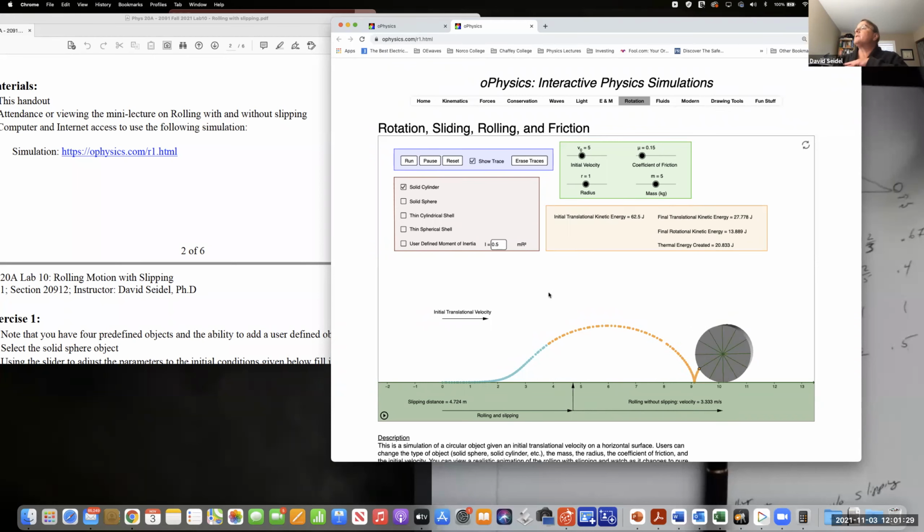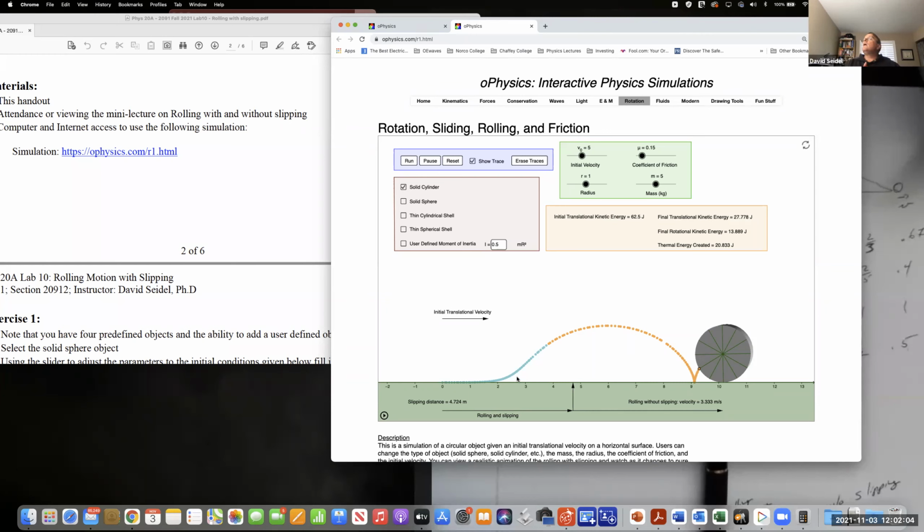We start building up some rolling. And at this point right here, 4.724 meters, we no longer get any slipping. We have a rolling without slipping velocity. So we can calculate our translational kinetic energy. We can calculate our rotational kinetic energy. Those have some sum. And we lost heat too, because friction dissipated some energy.